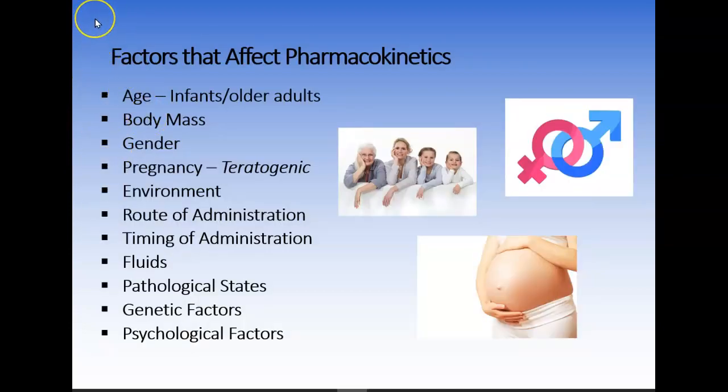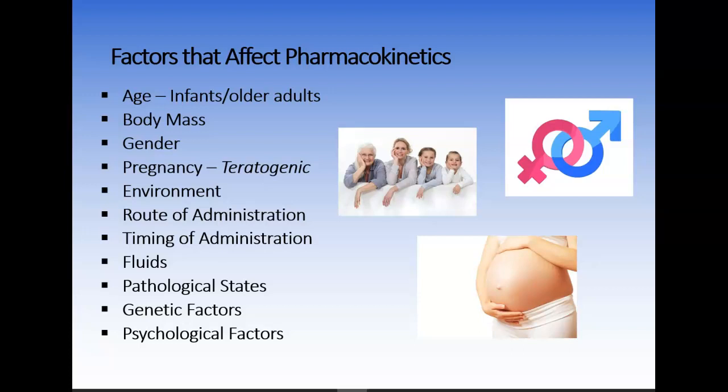Okay. So pharmacokinetics, what affects these things? So age affects it. If you're an infant or an older adult, those are things going to take you out of the normal curve. Body mass, if you're very large or very small, those are atypical, and most of these ideas are made for the 98% of the population.